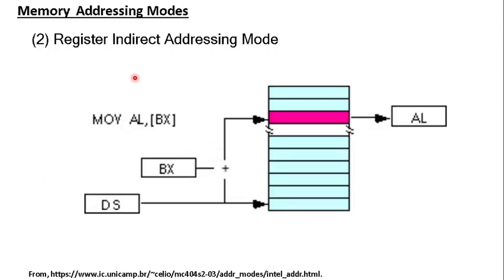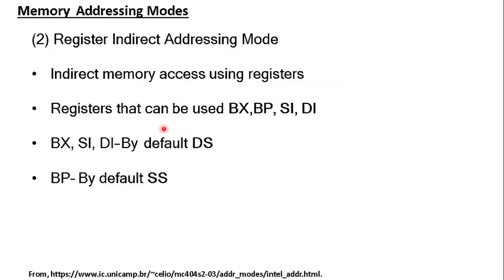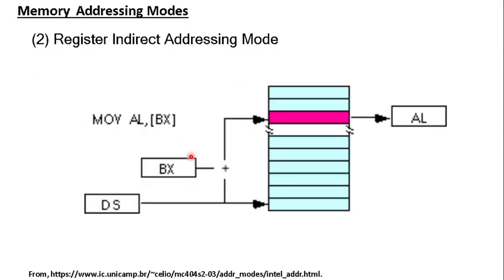Let's consider this particular case. Here, MOV AL, [BX], indirect address BX. If we are using BX, where are we offsetting into? We are offsetting into the default segment, the data segment. Within the data segment, suppose this is the start of the data segment as pointed to by the data segment register.